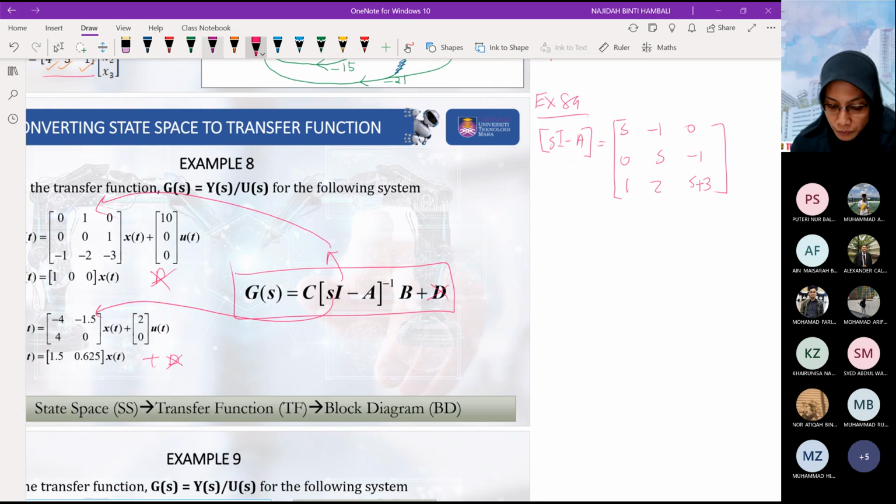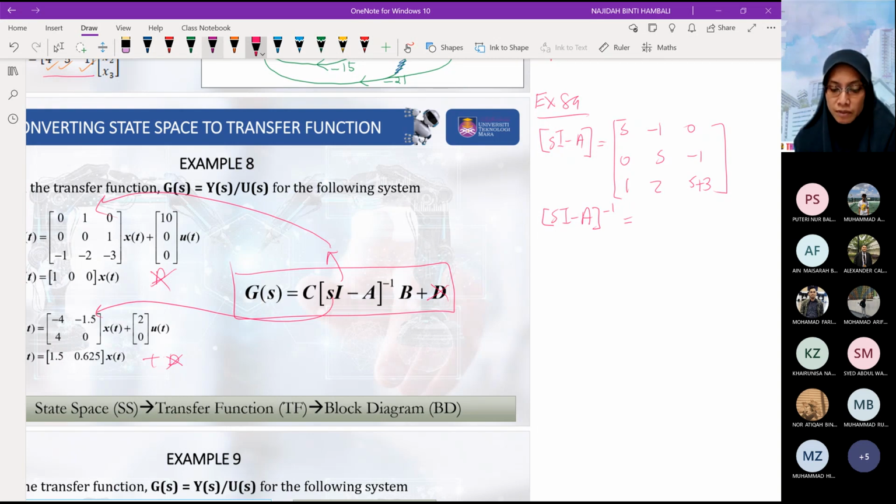Okay, now the next part is you need to determine the inverse of matrix SI minus A. So what is the formula to determine the inverse matrix of this one? What is the formula?